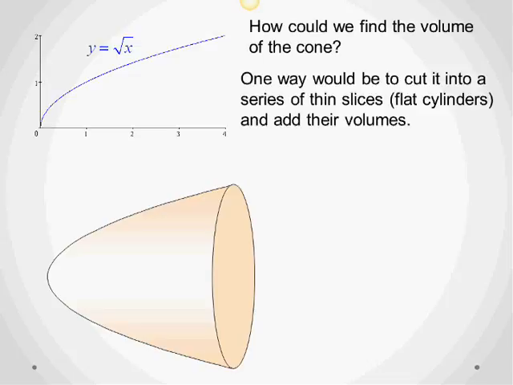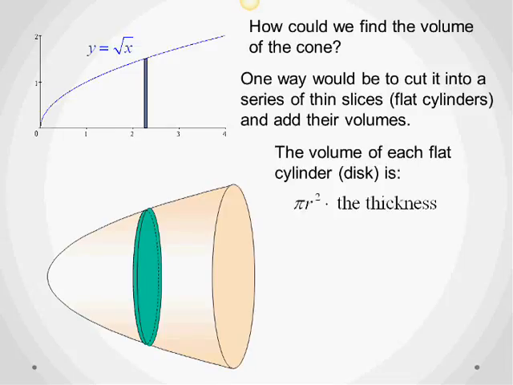One way would be to cut this nose cone into slices of bread like we did. And it should follow to you then that if I would do that, all of those cross sections would be circles. Okay? Well, I know how to find the area of a circle.